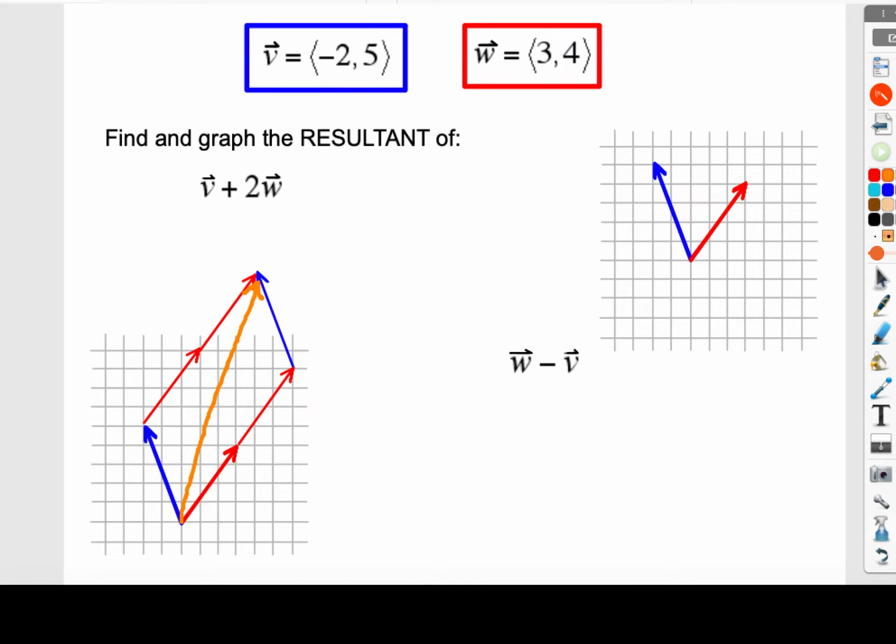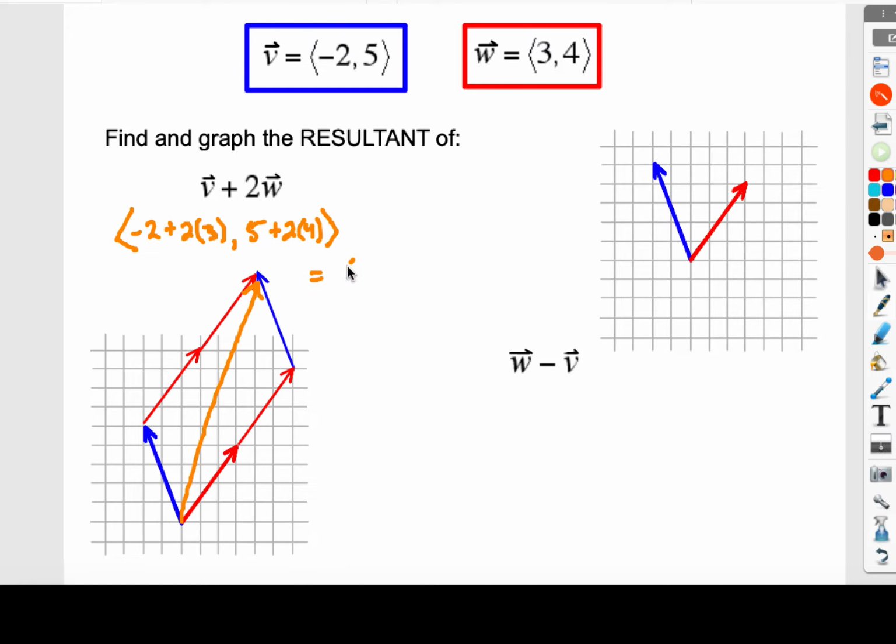Which, in that case, would have been negative 2 from v plus 2 times the 3 from the w, 2 times that horizontal component, comma, again, 5 from v plus 2 times the 4 from w.